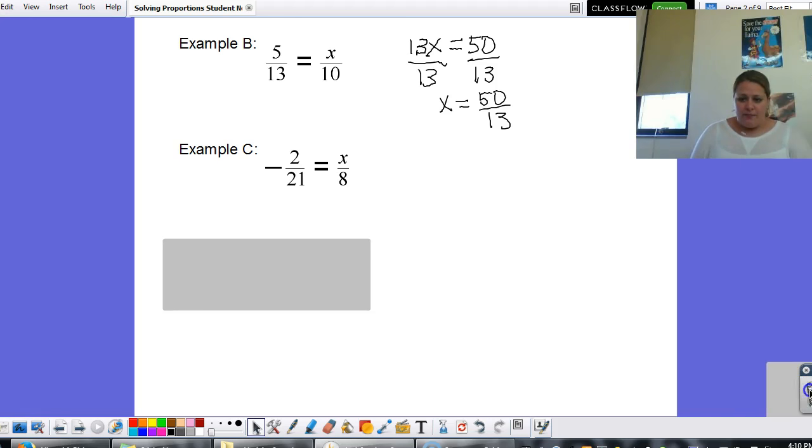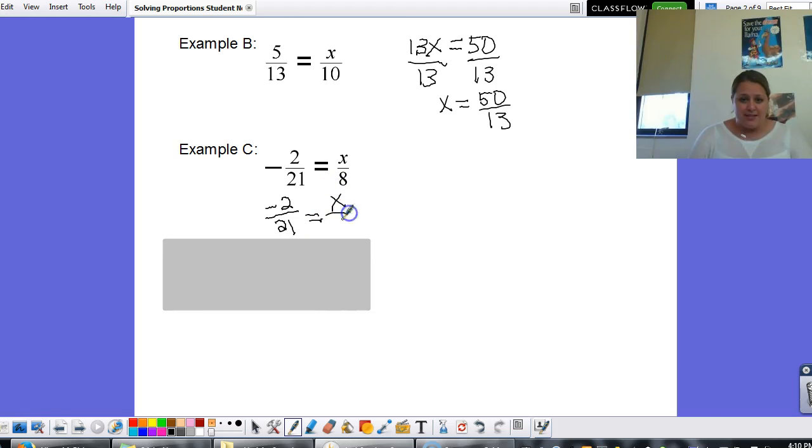Now, I know sometimes these negatives get confusing, okay? So, this is a negative value, and in order to keep this a negative value, we need to use that negative just once. Just once. So in your mind, I want you to place that negative either with the 2 or with the 21.